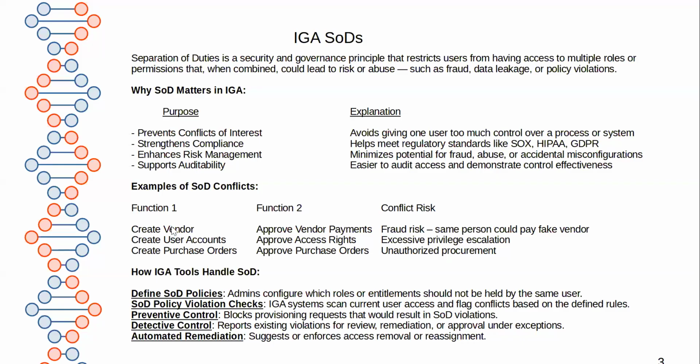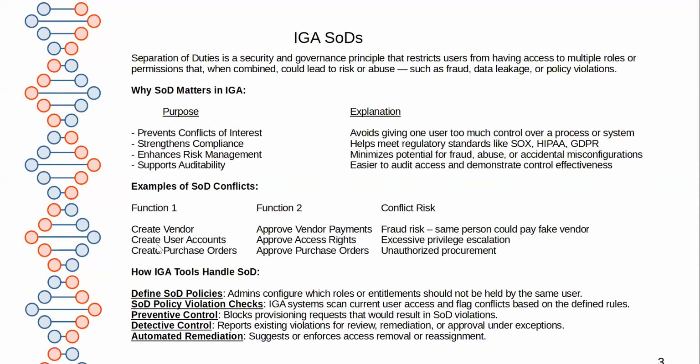You yourself are creating a vendor in the system and you yourself are approving the vendor payment. Function 1 and function 2. What does it lead towards? The same person could pay a fake vendor. So it is a fraud risk which is coming in. This is one scenario.